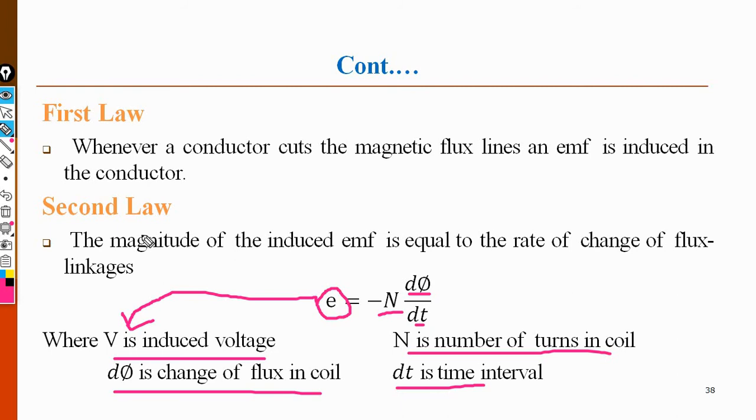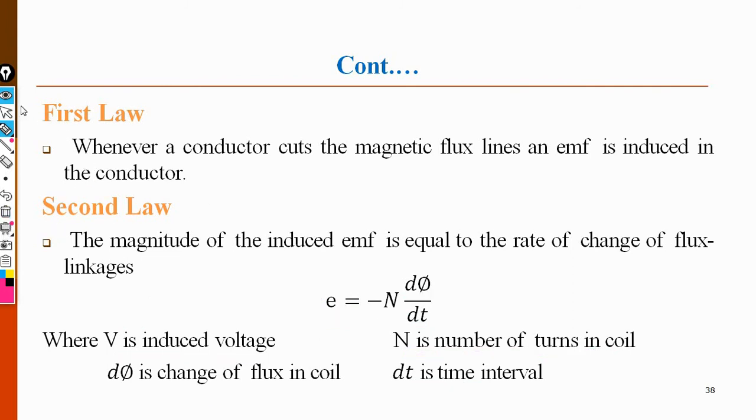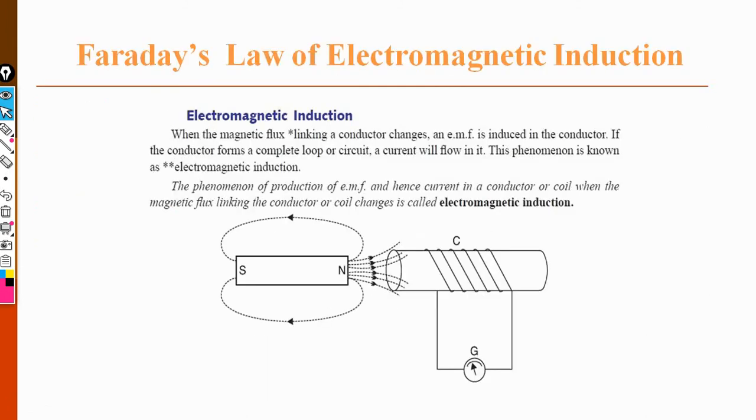That means Faraday's first law and second law we have to explain with the help of Faraday's law of electromagnetic induction. We need the concept of Faraday's law of electromagnetic induction. This is an electromagnet, and the electromagnet creates its own magnetic flux.